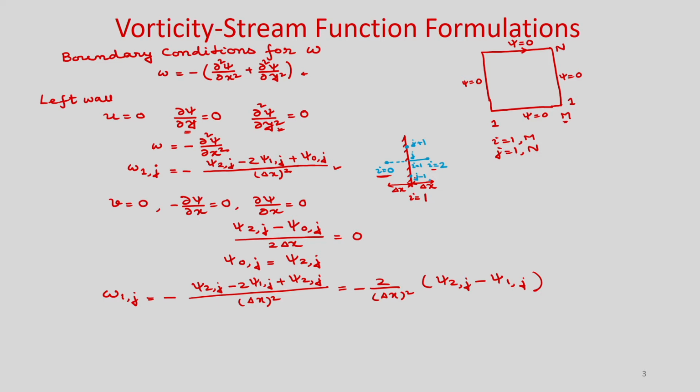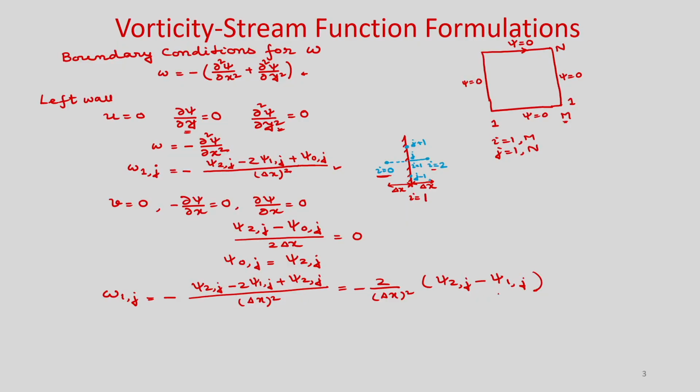Here psi 1 j is on the boundary. If you assume psi is 0, then you can put it 0, but if you consider some other constant values of psi on the wall, then psi 1 j will have that constant value.